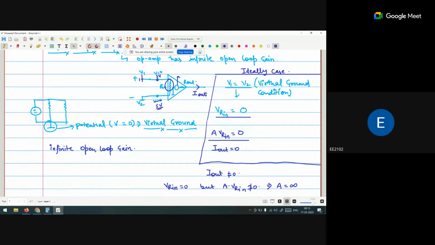So an op-amp ideally has an infinite open loop gain, but practically the gain value will be very high, that is 10 raised to power 5.